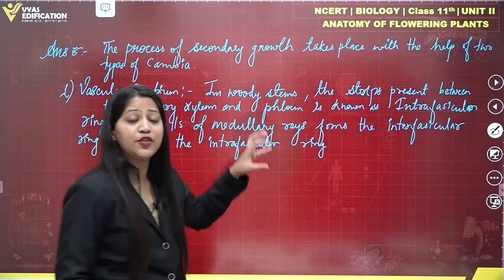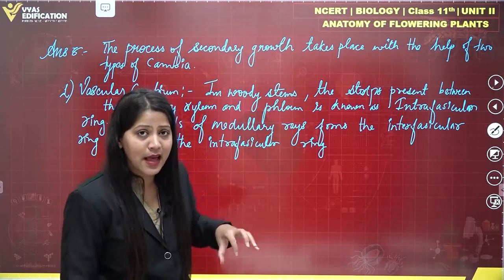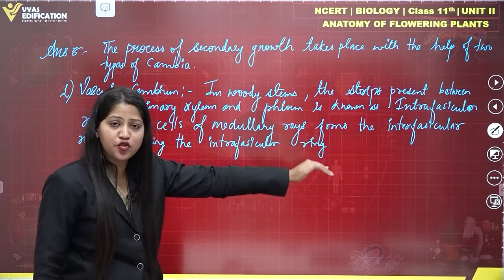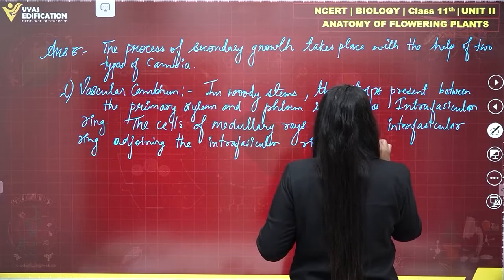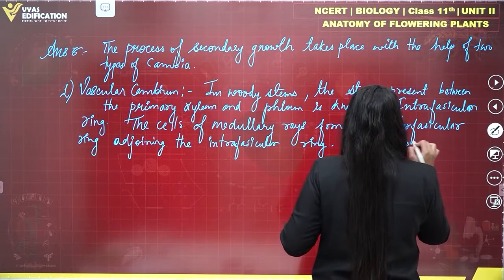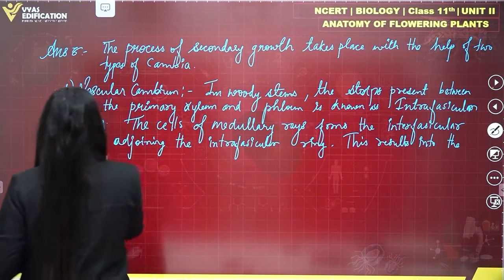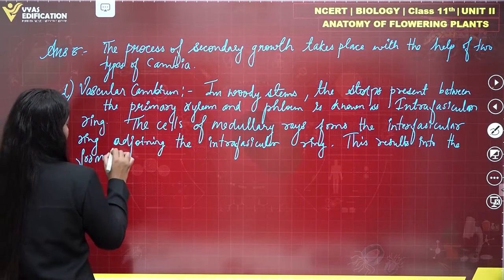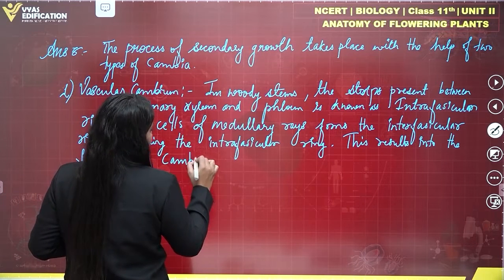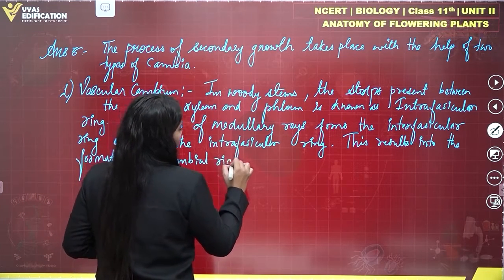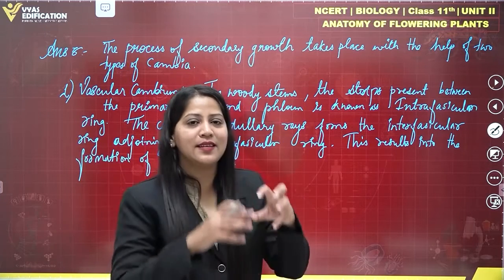With adjoining interfascicular rings formed from the medullary cells adjoining the intrafascicular ring, this results into the formation of cambial ring. Now, after the formation of cambial ring, this divides the cells.